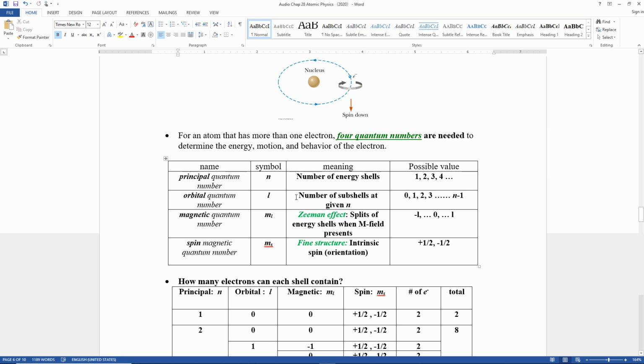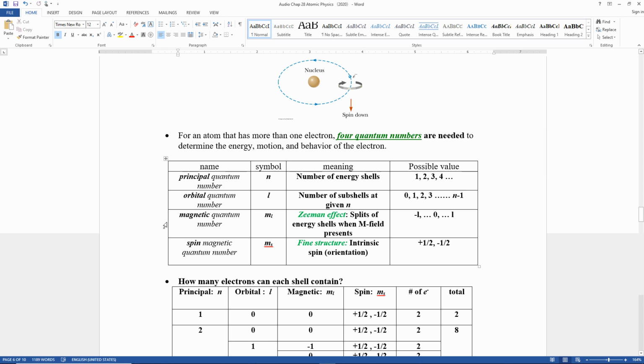If n equals 1, L equals 0. When n equals 2, L can be 0 and 1. If n equals 3, then L can be 0, 1, or 2. The maximum always equals n minus 1.